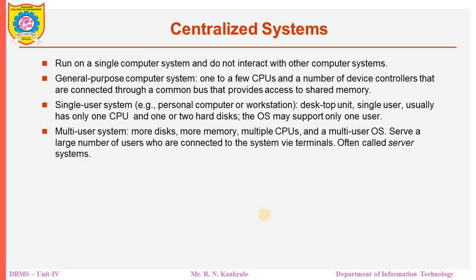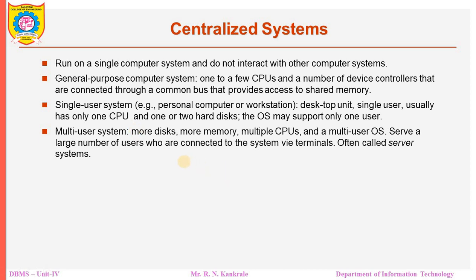So this centralized system runs on a single computer and does not interact with other computer systems. It is a general purpose computer system with a few CPUs and a number of device controllers that are connected through the common bus, which provides access to the shared memory. A single user system or personal computer workstation, that is a desktop unit, usually has only one CPU and one or two hard disks, and the OS may support only one user.